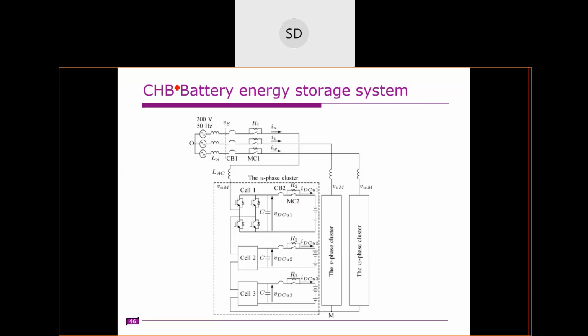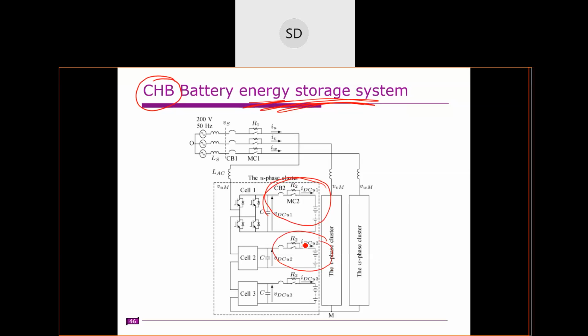This is an example for a cascade H-bridge inverter. When you have a battery energy storage system, this is the same. The additional thing is that we have an additional circuit.